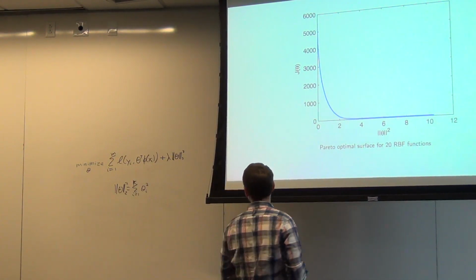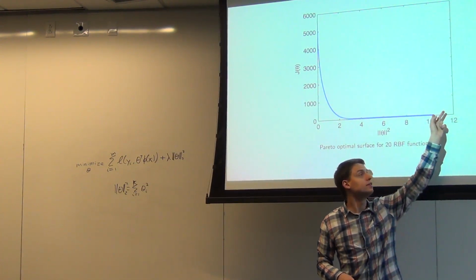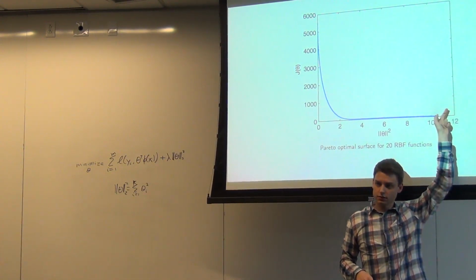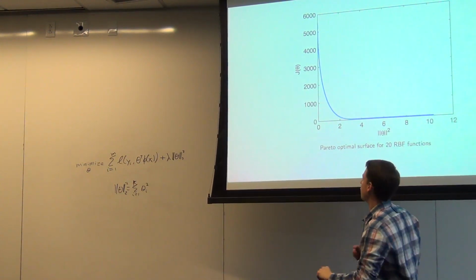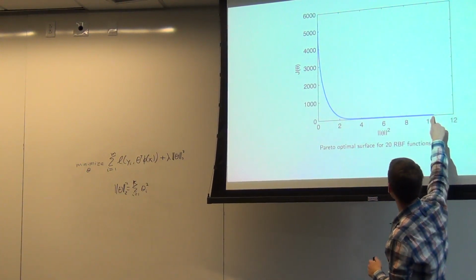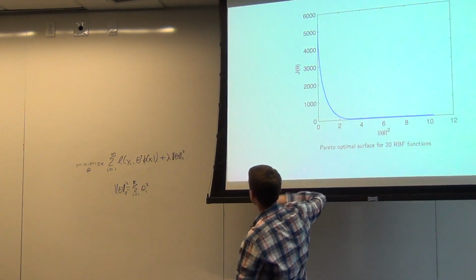So if I pick lambda to be really, really high, I get a point over here. Sorry, getting my dimensions confused.